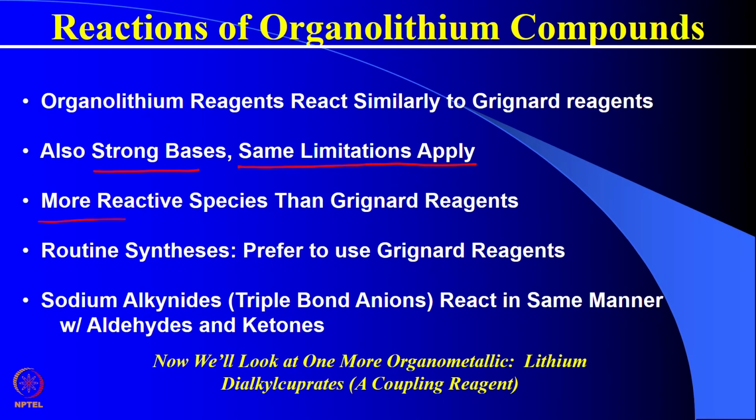These reagents are more reactive than Grignard reagents. So for routine synthesis, we always prefer to use Grignard reagents, which are less reactive. These alkynides, like the triple bonded anions, react in the same manner with aldehydes and ketones.